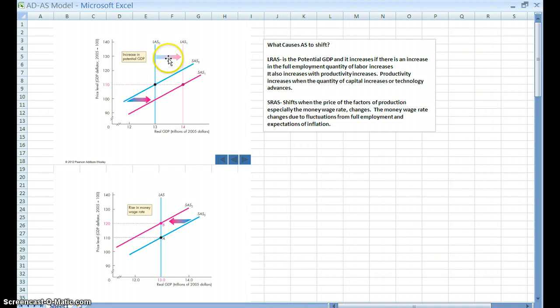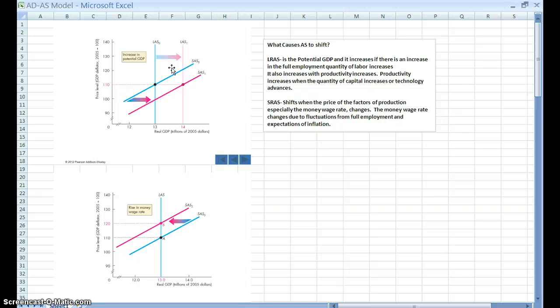What moves potential GDP is one of two things, either a productivity improvement, which comes about through capital investment, or through advanced technology. We come up with a way to get more done with less resources, or it comes about when the quantity of capital is increased.